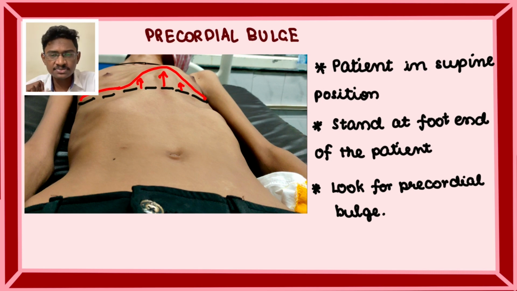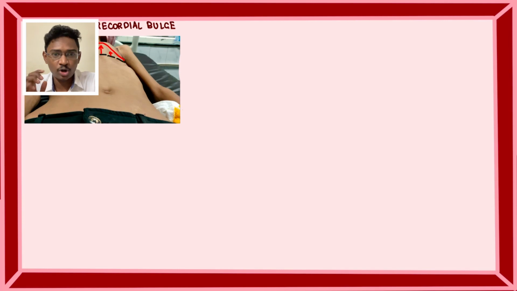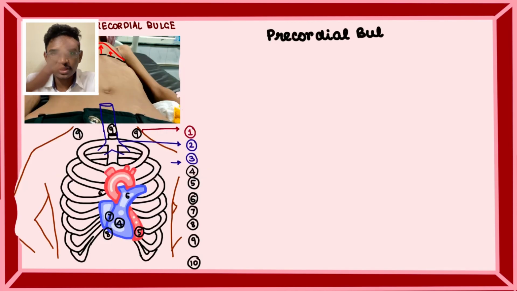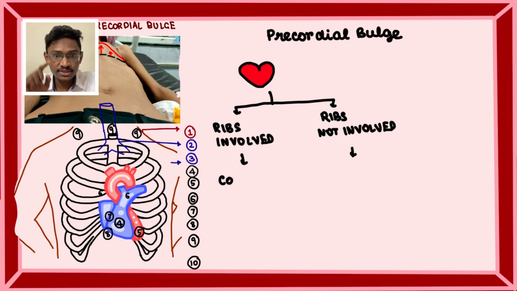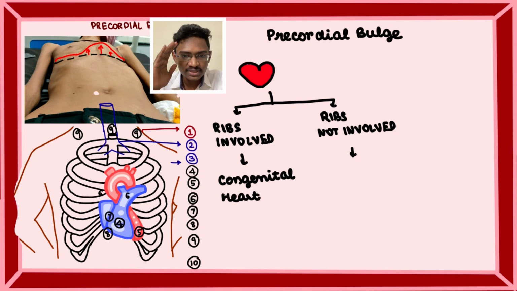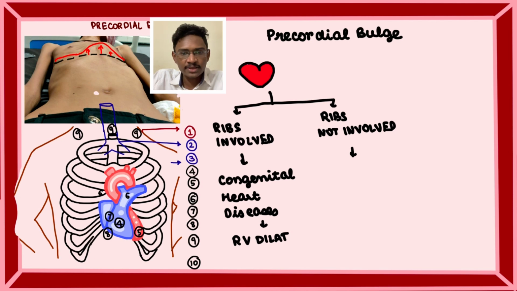So next question comes, when can you see a precordial bulge in a patient? It can be due to cardiovascular causes or also non-cardiovascular causes. So if it is cardiovascular, next thing, we should see whether the ribs are involved or not. In this patient, you can easily observe the bulge is there and the ribs are also getting involved in this bulge.